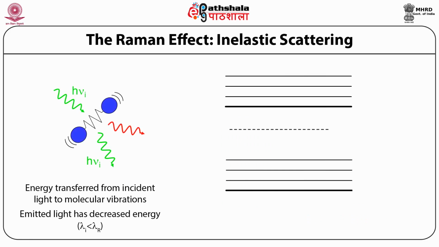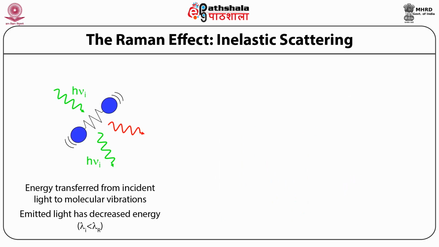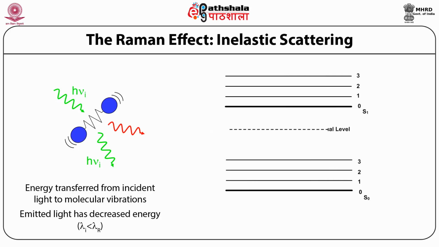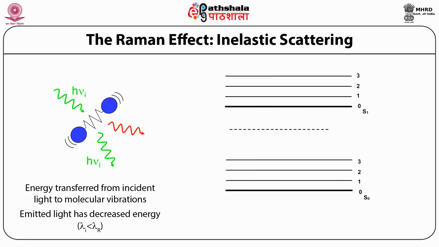The Raman effect, or inelastic scattering. When incident light is scattered from a crystal or molecule, most of the photons are elastically scattered. The scattered photons possess the same energy or frequency, and therefore wavelength, as the incident photons.